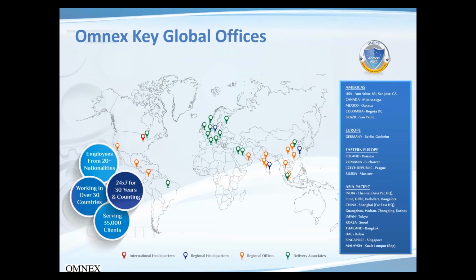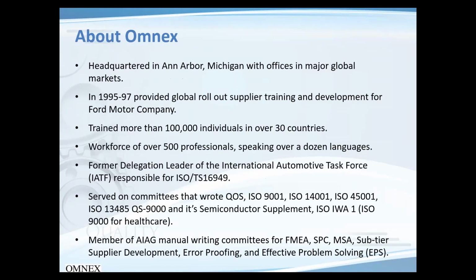We have thousands of people working for us, in 30 different countries, and we've been around since 1985. That's a long time that we've been in the industry dealing with various standards like 9001, IATF 16949, aerospace standards, and ISO 14001. Also the new standard ISO 45001.